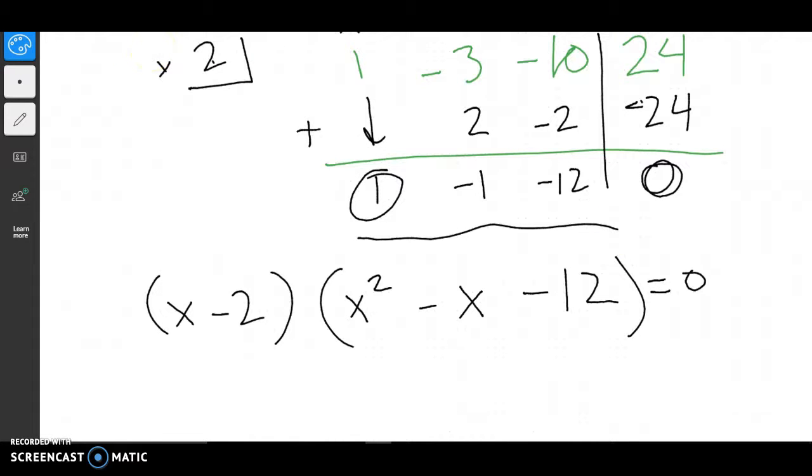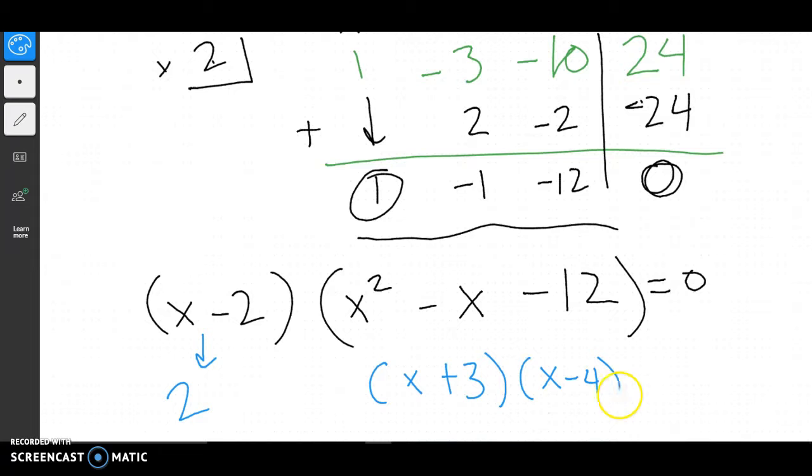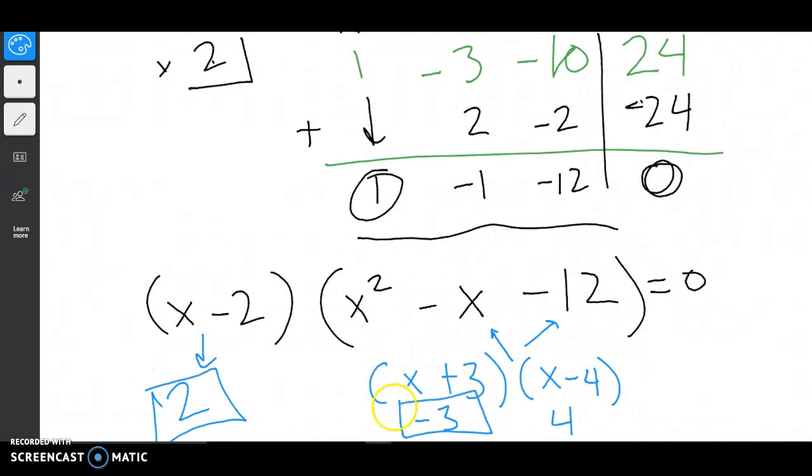The 0 for this factor we already figured out from before is 2. And this will factor pretty nicely: x plus 3 and x minus 4, because -4 times 3 gives me -12, but they add together to give me -1. So the 0 for this factor would be -3, and the 0 for this one would be 4. So these would be my answers.